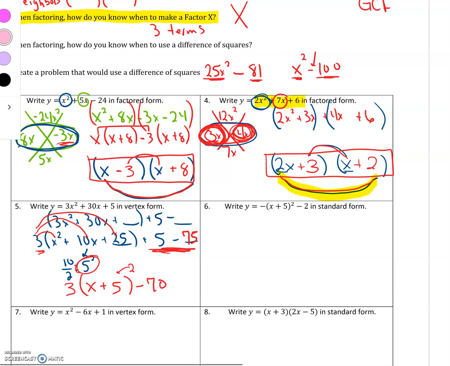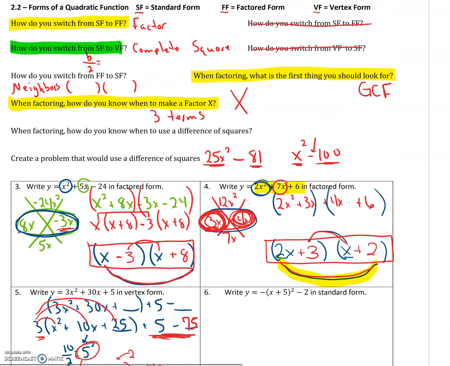So when you do these problems to go from vertex form to standard form, you need to remember that parentheses squared means there are two of them, and then you'll be doing the neighbors here as well.